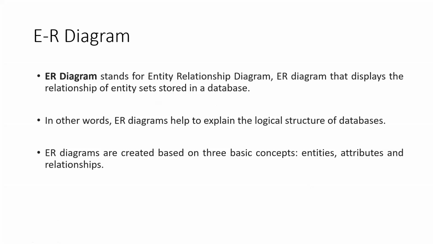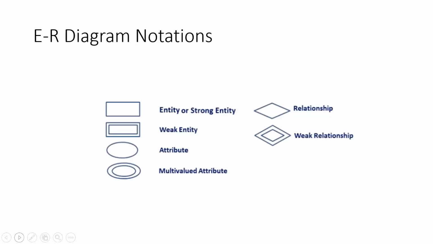ER diagrams are created based on three basic concepts: entities, attributes, and relationships. The various notations used to draw ER diagram are entity or strong entity, which is represented with a rectangle, a weak entity, double rectangle.